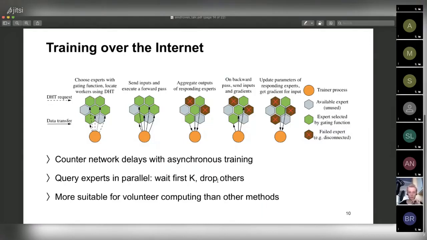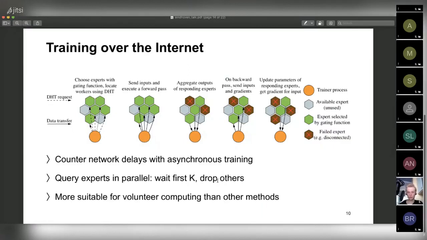Now let's continue. I've described the basic decentralized mixture of experts layers here, and how do we actually train over the internet. This is illustrated in the slide from left to right. You choose those experts with a gating function, which I outlined before. You locate those workers using the DHT, and you send the inputs for the forward pass to those experts. Some of them might not respond to you.